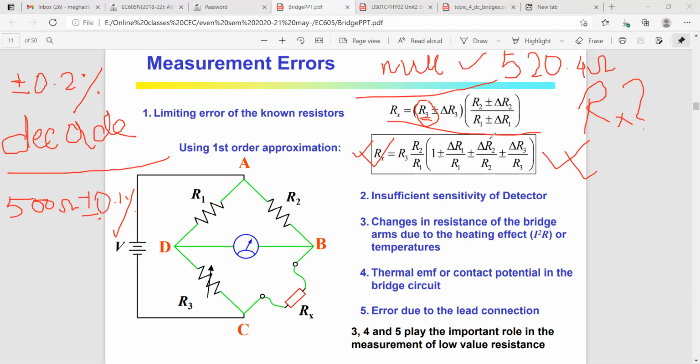R1, R2 is 500. And all the del R1, del R2 are the error percentages. The errors of R1, R2 are similar and the error of R3 is 0.2. So put all the values and tell me the answer.